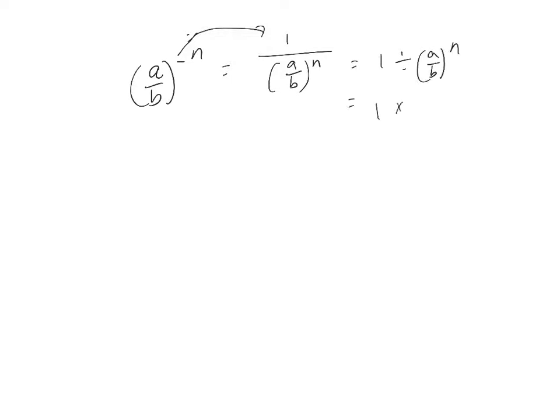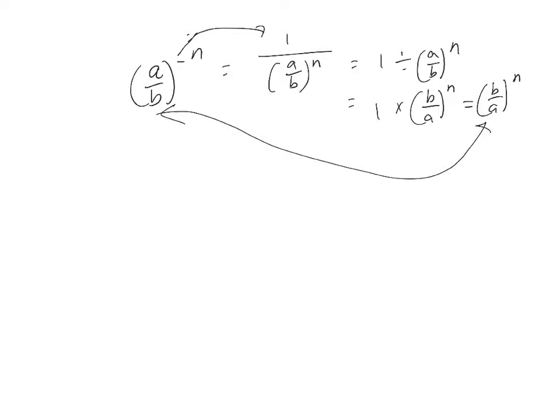And when you divide by a fraction, you take the reciprocal of this, and then you end up getting b over a to the power of n. In other words, I'll call it a proof here, notice the beginning of the story and the end of the story look the same. The only difference is that the negatives are gone because you took the reciprocal.